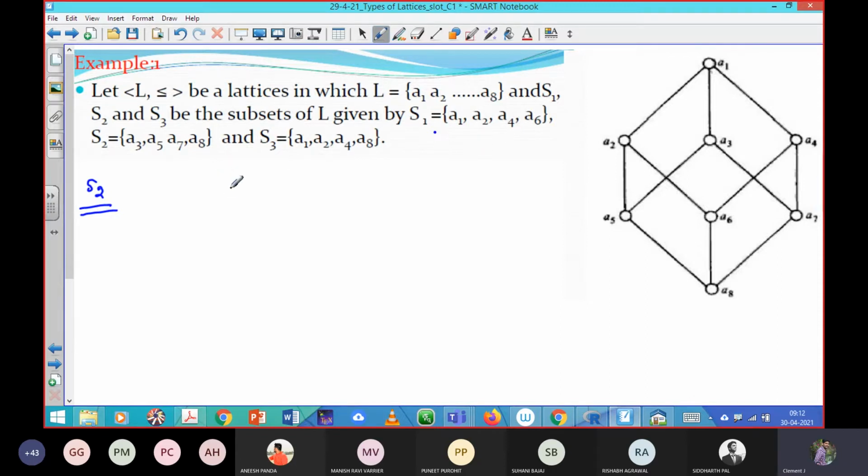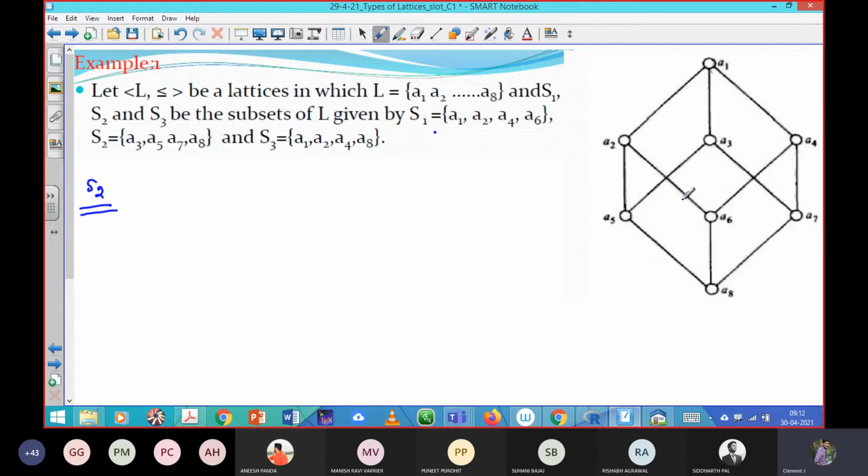I will explain with a counterexample why it is not a sublattice later. Now I will show just one or two examples in S2, then immediately move on to the S3 example, because that is very important and you might get confused in that.